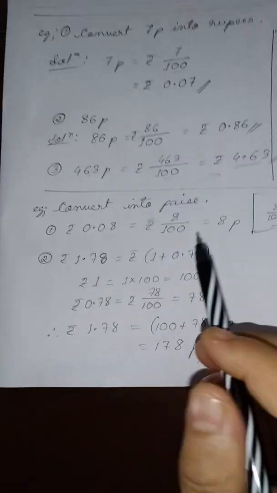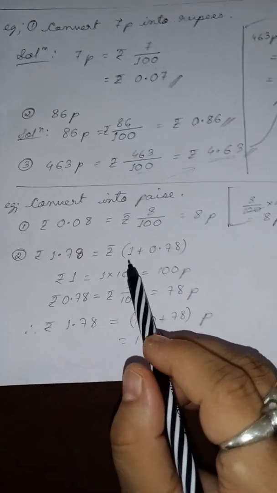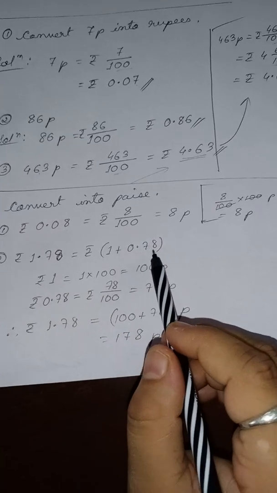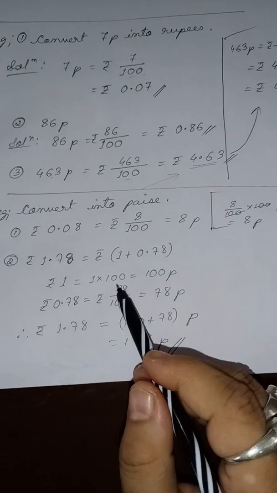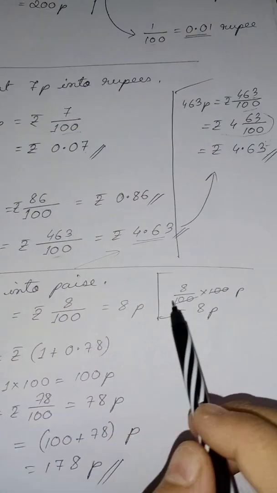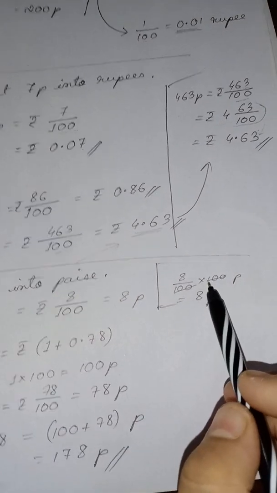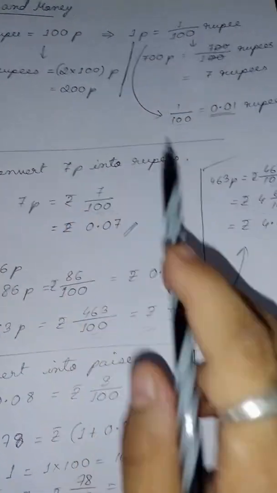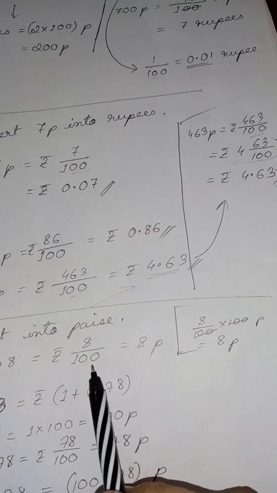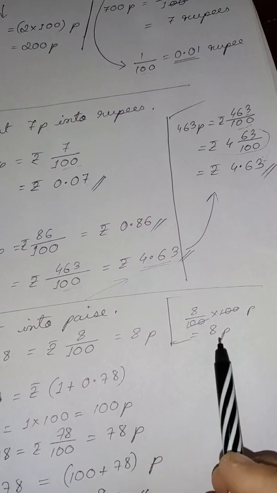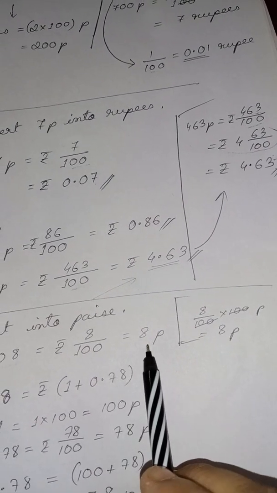So it is done. One more thing, this one you can do like this also, multiply it by 100. As I said, for converting into paisa you can multiply it by 100. So 8 by 100 into 100, 100 cancel, 8 paisa, or directly you can write this one also, same thing.